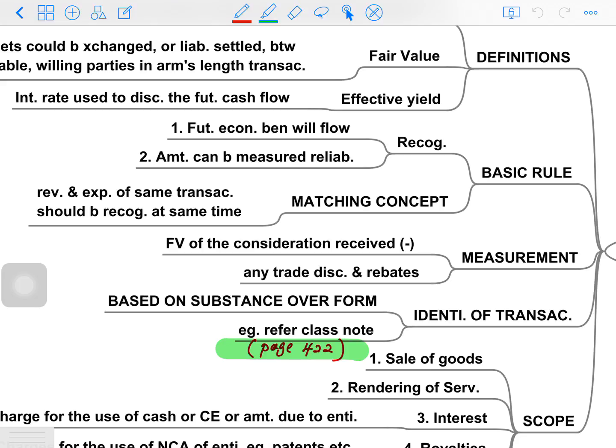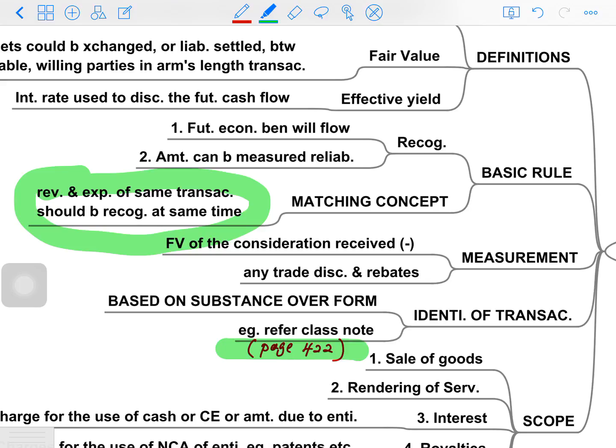Revenue and expenses for the same transaction should be recognized at the same time. Well, I think you have learned the matching concept in your previous accounting course. This is very important, especially when you deal with accruals and prepayment.